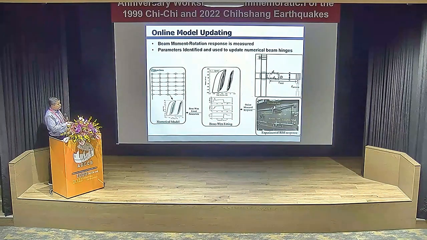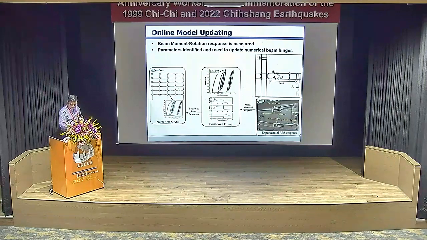And so we were able to measure with very fine displacement transducers the rotation at the hinge, and then with the actuator here, we could get the force, get the moment rotation behavior, assuming a plastic hinge length. We could measure the data, update our modeling parameters in real time, and then update the model parameters on our numerical model for all hinges.